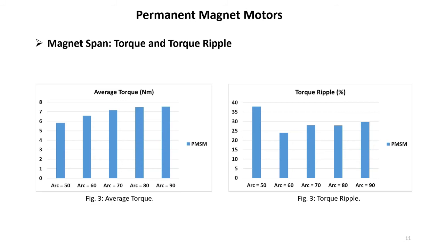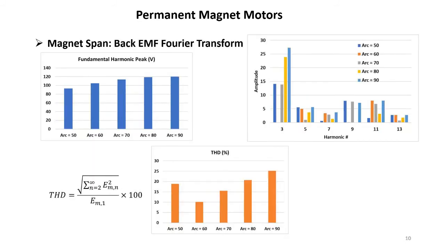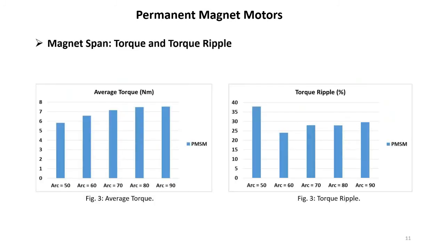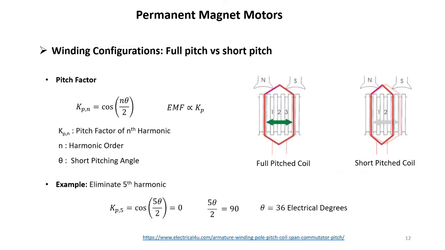And if you see here, the machine with the magnet arc of 60 degrees has the minimum torque ripple, which had before the minimum THD. So as you can see, the importance of reducing the harmonics is very clear to reduce the torque ripple. And what we can conclude from this is that we need to make a trade-off between the average torque and the torque ripple.